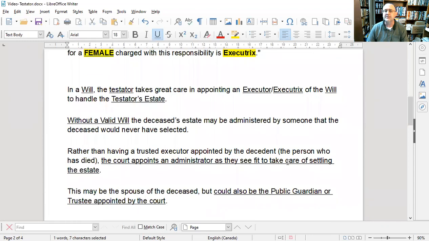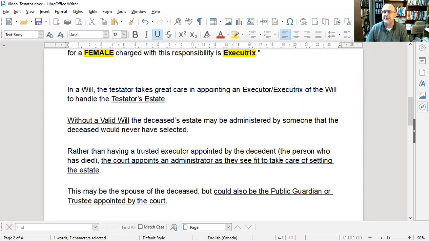Now, this may be the spouse of the deceased, okay? But it could also be some public guardian or trustee appointed by the court. Because if there's no valid will, and someone in your family wants to become the executor, they have to petition the courts, and there are fees and costs involved.